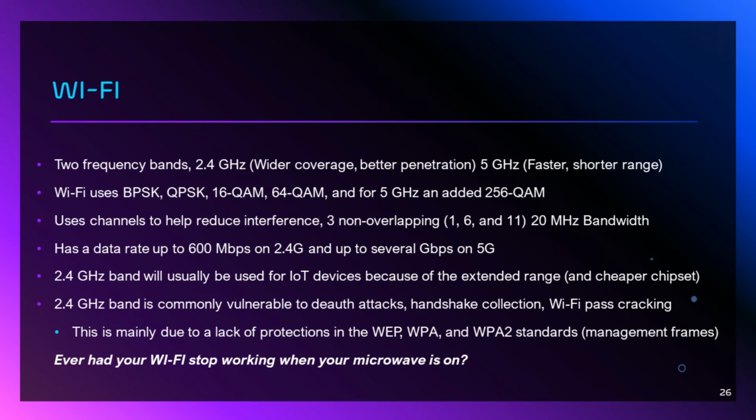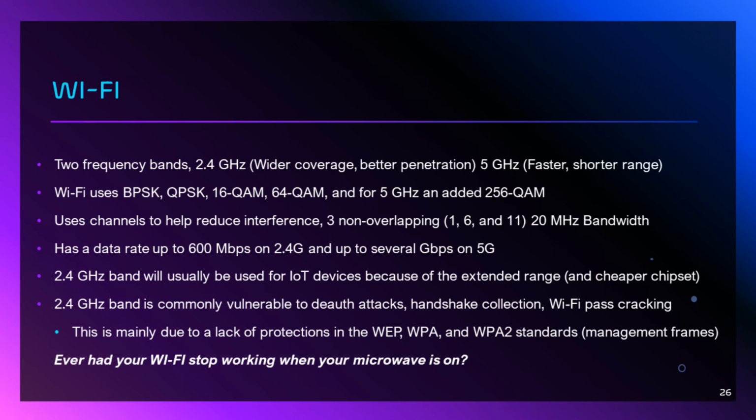Now, in your router settings, you can enable or disable one or both, I guess. And this is really up to if you need it or not. If you don't need it, it's probably a good thing to disable it because it is vulnerable to a lot of different things. But it provides wider coverage and better penetration through objects, through walls, and whatnot. And so this will be perfect for your IoT devices. I think I put that here, yeah.